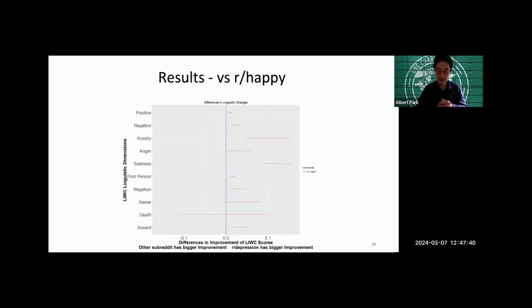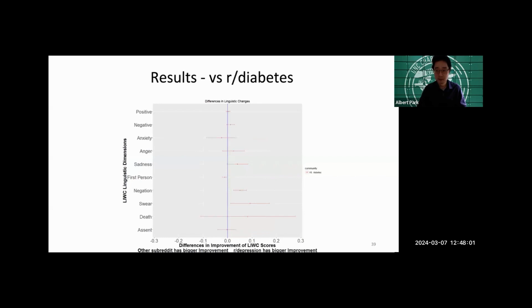Against the Happy, or positive emotional support group, members of that community were improving more, except for a few dimensions such as swear words and death. Against Diabetes, there were no significant differences, with exceptions for first person singular, negation, and swear words.